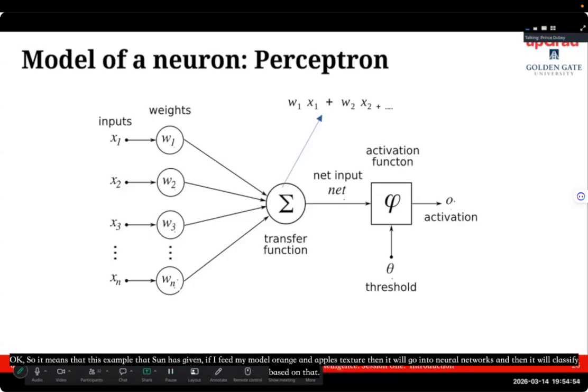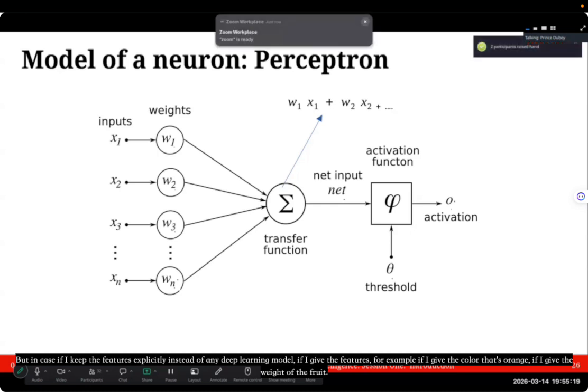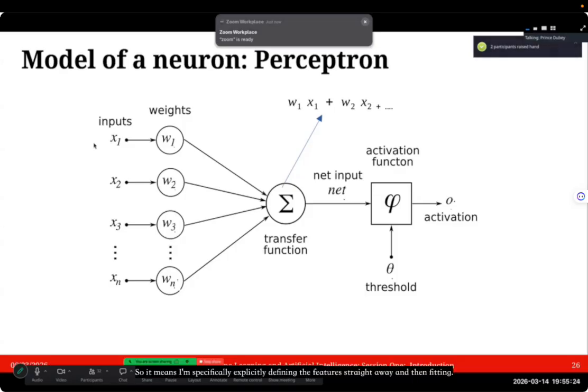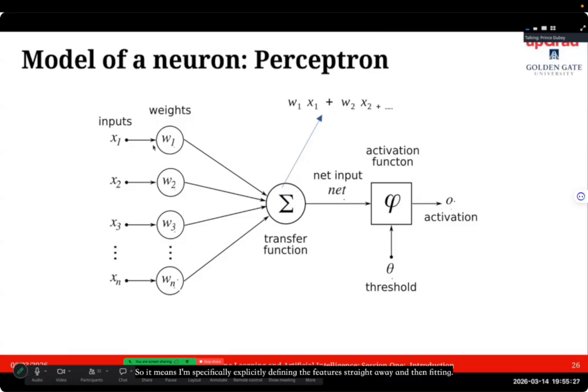So this example that Sam has given, if I feed my model orange and apple pictures, it will go into the neural network and then classify based on that. But if I give the features explicitly, instead of a deep learning model, for example the color as orange, the weight of the fruit, so I'm explicitly defining the features and then feeding, it will be like non-supervised learning, right?